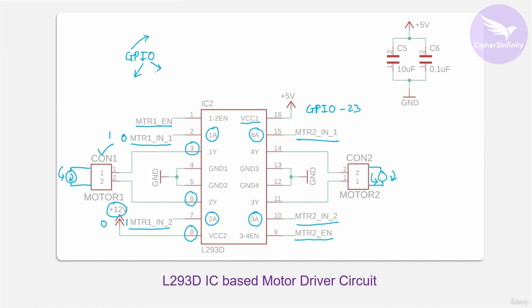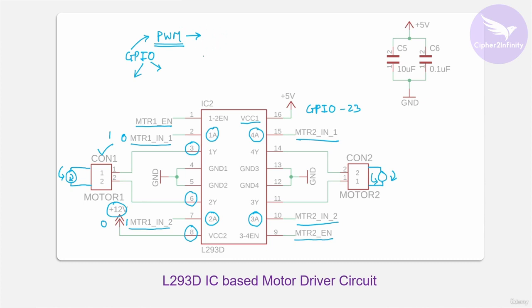And we discussed that every GPIO pin in the ATmega328 microcontroller is going to have a special function. In the same way, I am going to use a special function in order to drive these pins of this IC, and that function is called PWM. PWM stands for pulse width modulation, and it is a technique used to control the speed of the motor.